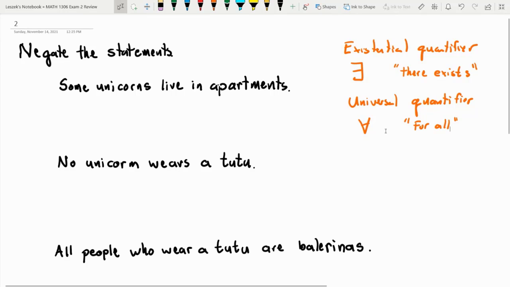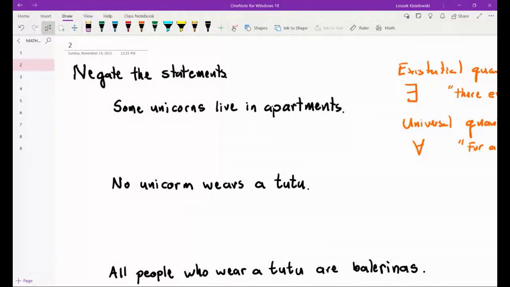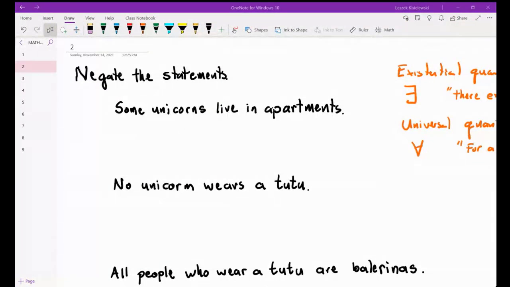All right, and so let's try to negate the statement, some unicorns live in apartments. Anybody want to volunteer? Okay.